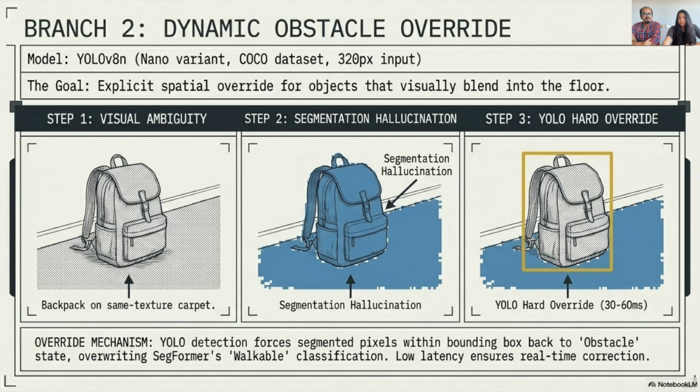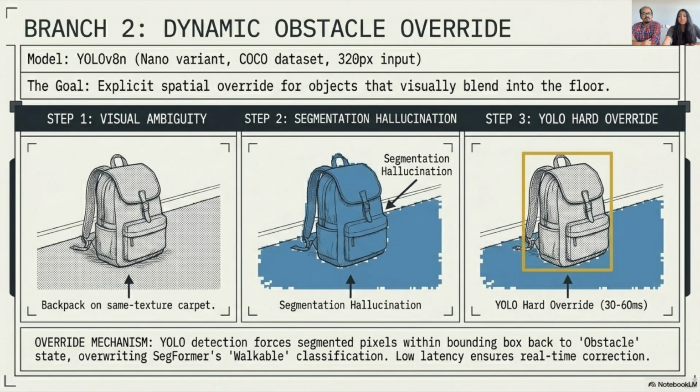Step 2, segmentation hallucination. SegFormer extends the walkable mask through the backpack. The blue region covers ground that is not actually walkable. This is not a bug. It's a failure mode inherent to semantic segmentation when objects share visual statistics with the background. If the system ships with only branch 1, the user walks into the backpack. And the last step, step 3, YOLO hard override.